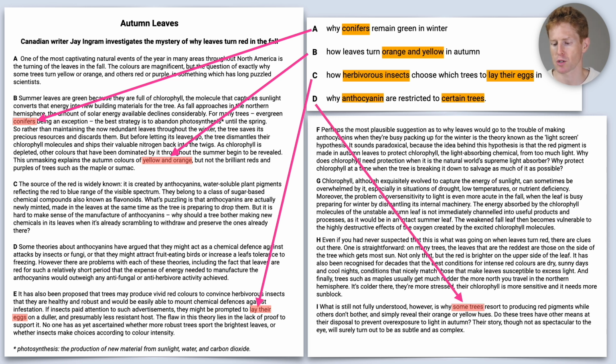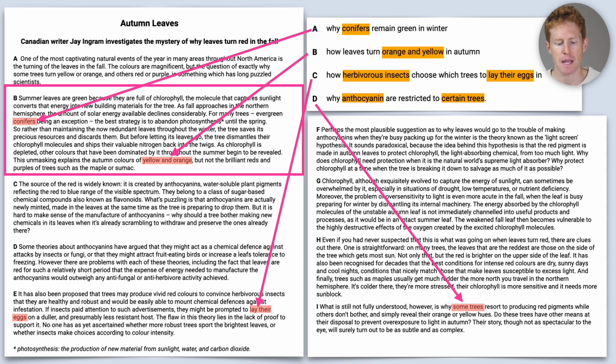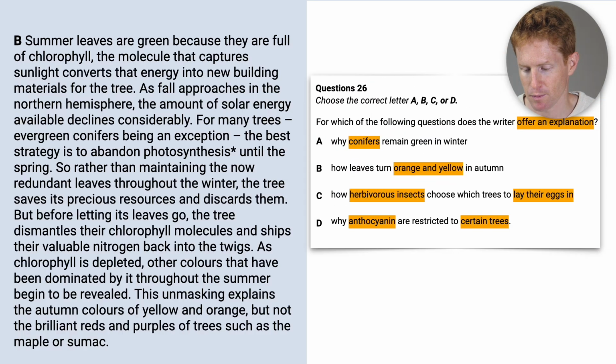We've got this phrase, some trees. Now, I'm going to read paragraph B because paragraph B has both of the things that are mentioned. So let's read that part in detail. Now, I know for a fact that the answer is, in fact, in paragraph B, which means it must be A or B. Read this and choose A or B, which is the correct answer.